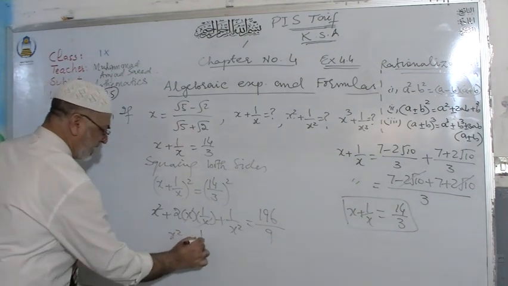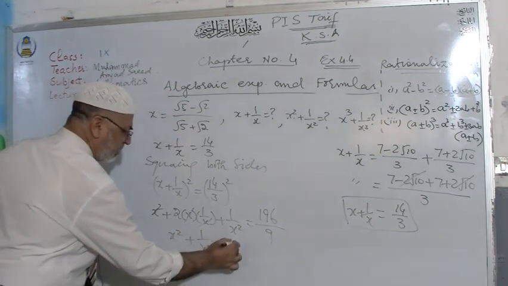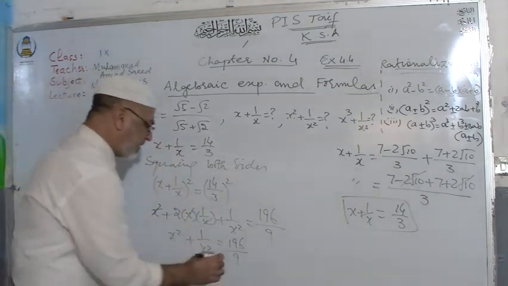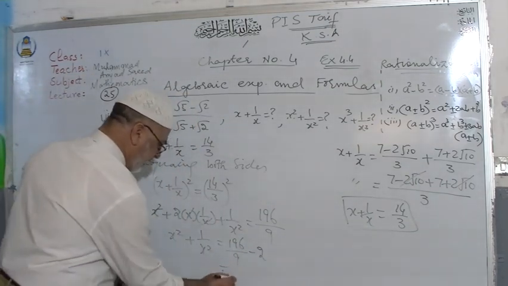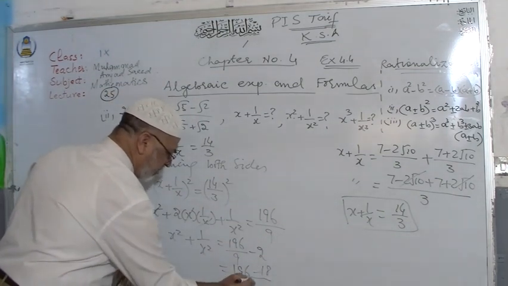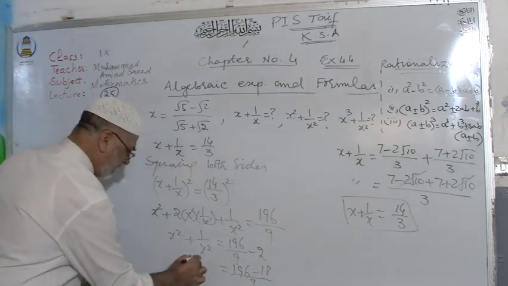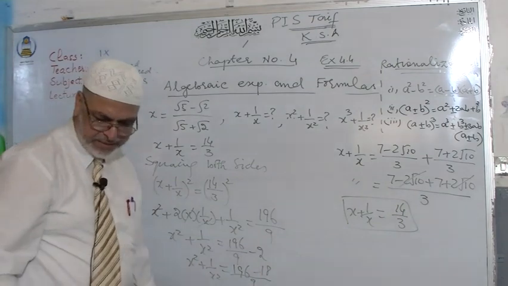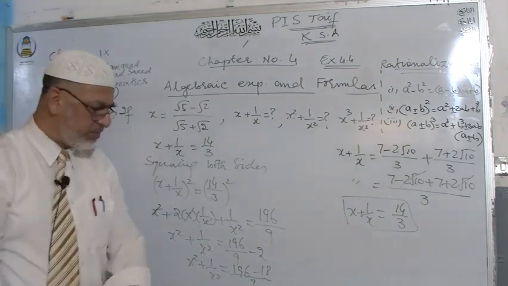x square plus 1 over x square is 196 over 9, and this is plus 2, shift it on the other side, and in this way 196 minus 18 over 9. x square plus 1 over x square here will be 196 minus 18.